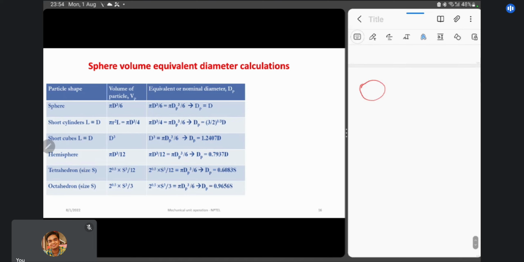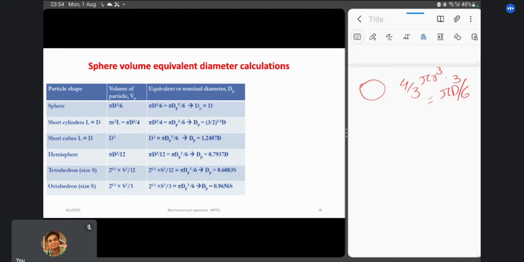Whenever we talk about the sphere, if you always remember the volume in terms of radius, it is 4 by 3 pi r cube. If you substitute the value of r as d by 2, then the sphere volume is pi d cube by 6.